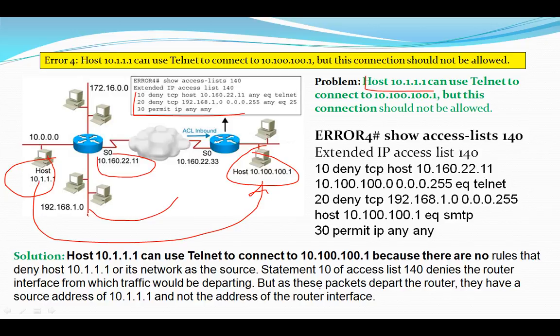But as these packets depart the router, they have a source address of 10.1.1.1 and not the address of the router interface. So if we want to block it, because this communication should not be allowed, then we will have to make changes and apply it on the interface. This is how we can troubleshoot this error.